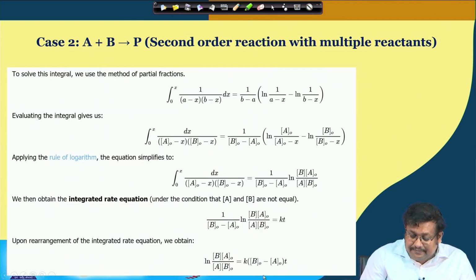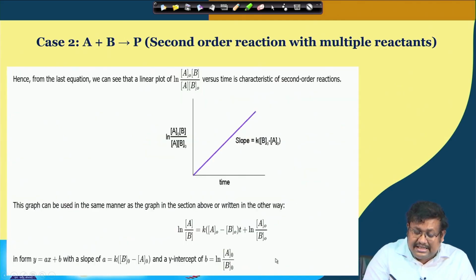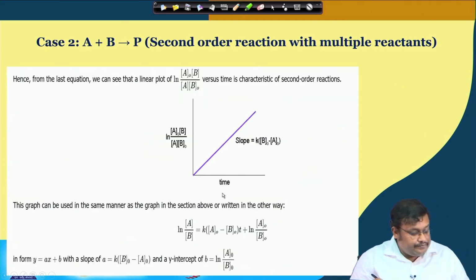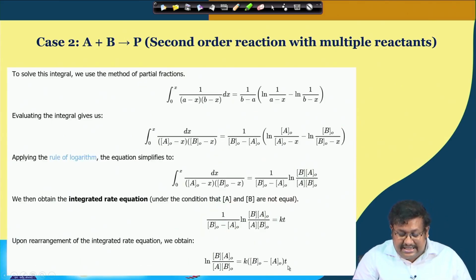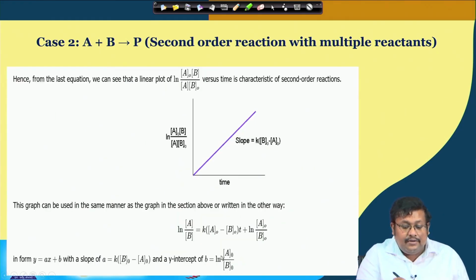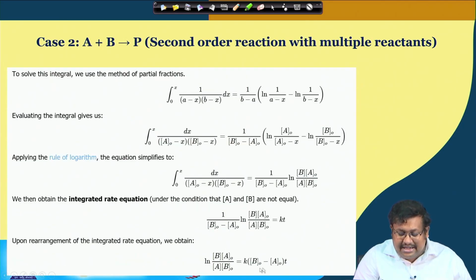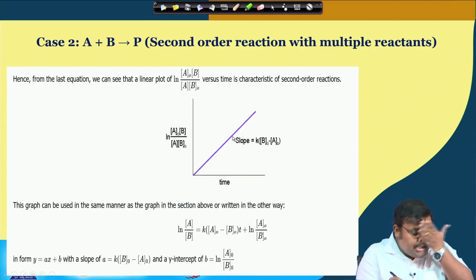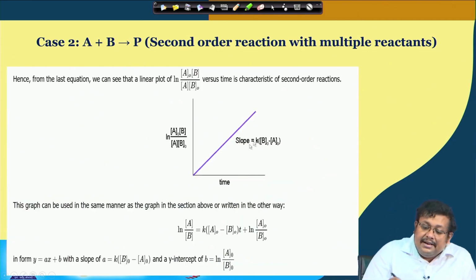Here this is basically a constant, and when we are plotting time versus the logarithm of this expression, we will get a slope, and this slope will be k multiplied by this constant. So, this is where we are getting a straight line for a second order reaction.